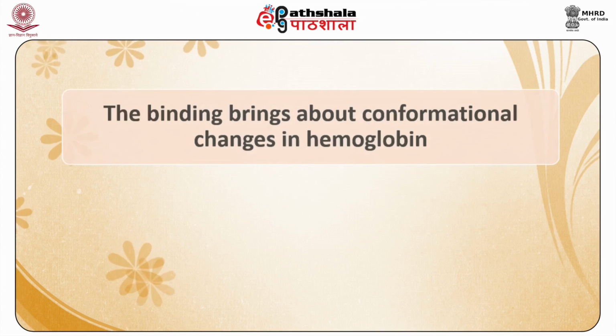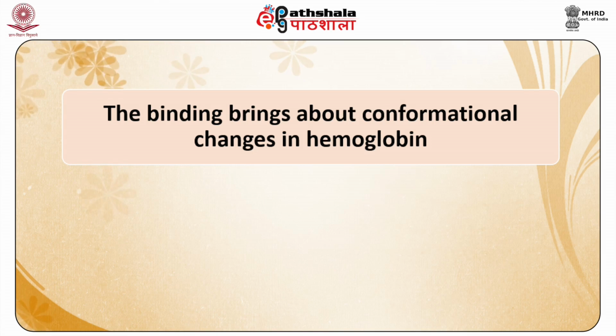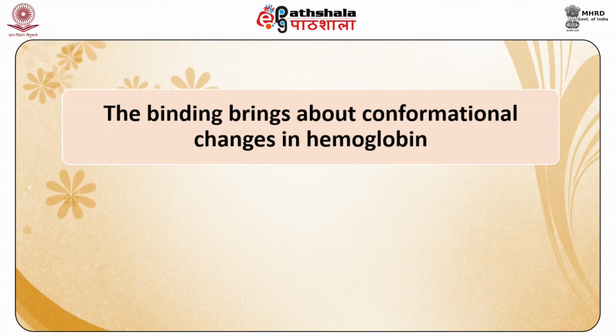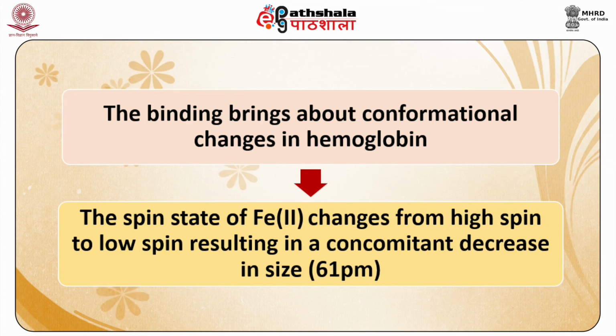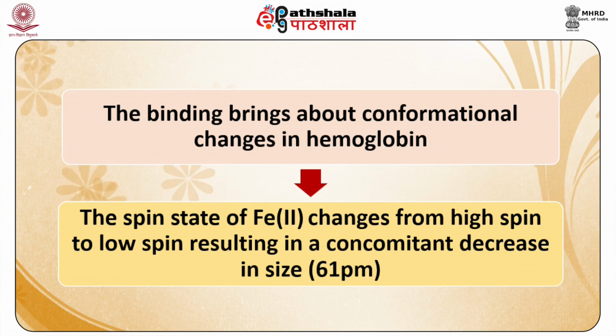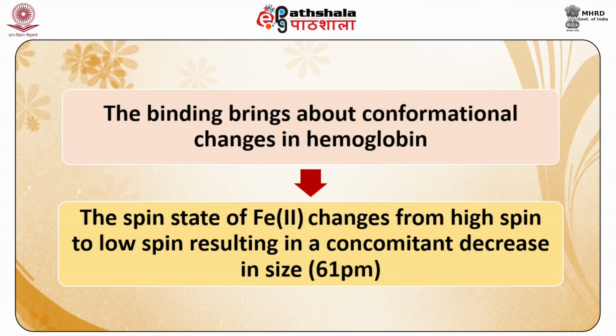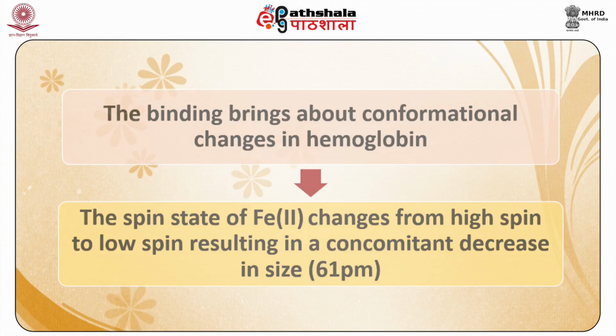The dioxygen molecule binds reversibly to ferrous with an iron-oxygen-oxygen bond angle of 120 degrees. This binding brings about conformational changes in the hemoglobin. The spin state of ferrous changes from high spin to low spin, resulting in a concomitant decrease in the size of ferrous to 61 picometer.